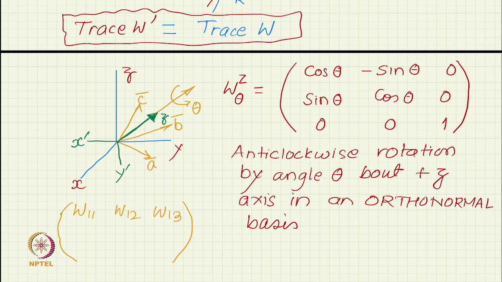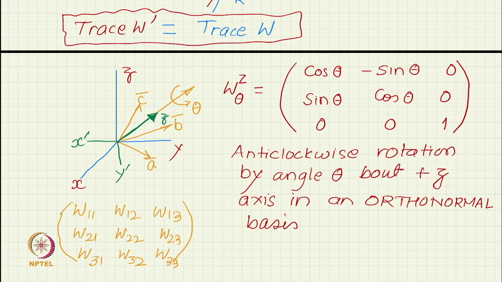So W13 will not be 0 like in this matrix. W21, W22, W23 again will not be 0, W31 will not be 0, W32 will not be 0, W33 will not be 1. So this will be the rotation matrix in this crystallographic coordinate system.